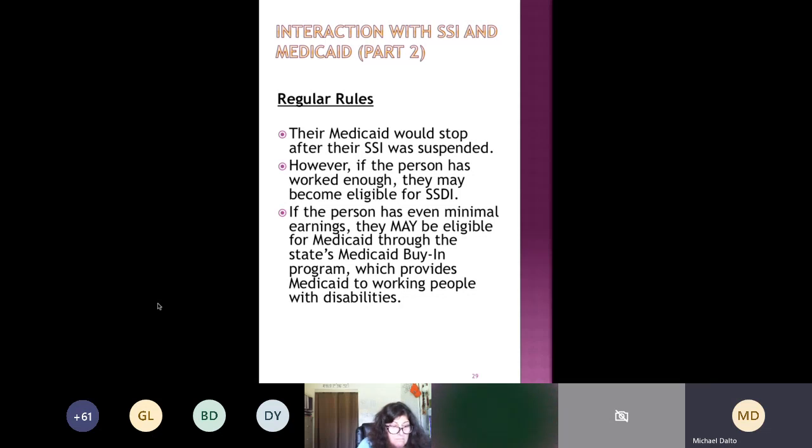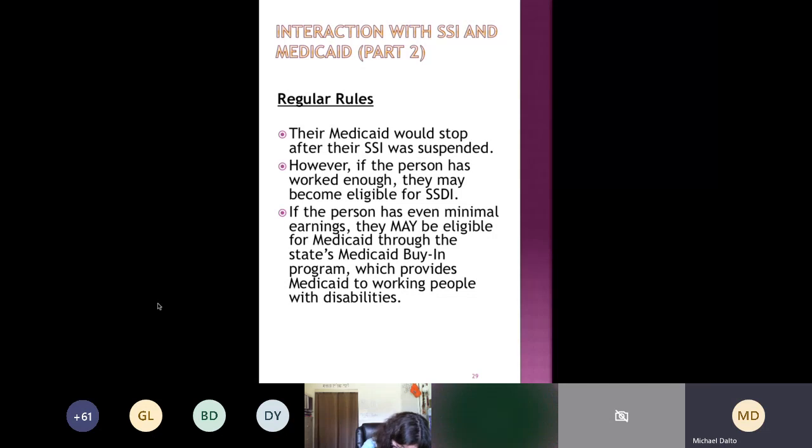With a Medicaid buy-in program, usually a person can have even very minimal earnings and still qualify for Medicaid. So a person who's getting a UI benefit and whose SSI was suspended and their Medicaid stopped as a result, if they started earning even just a little bit of money from work, maybe even a little home-based business or something, they might very well qualify for Medicaid through their state's Medicaid buy-in program.